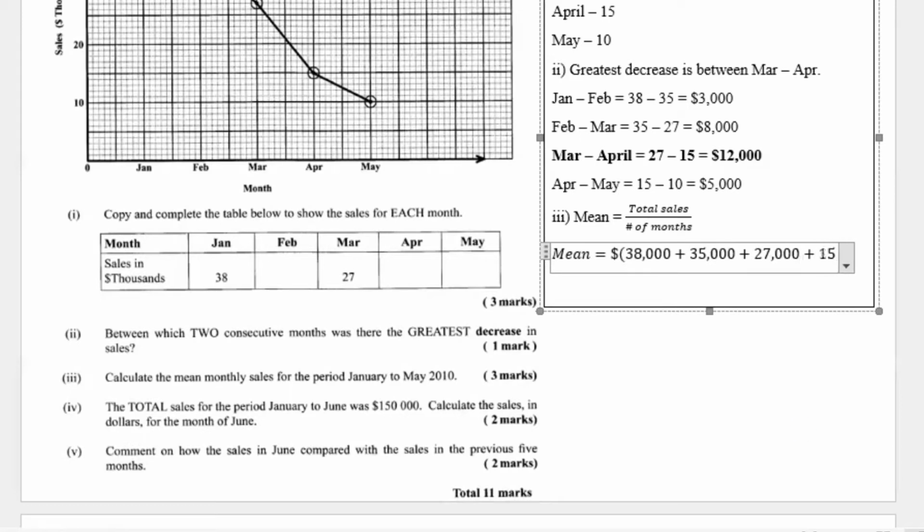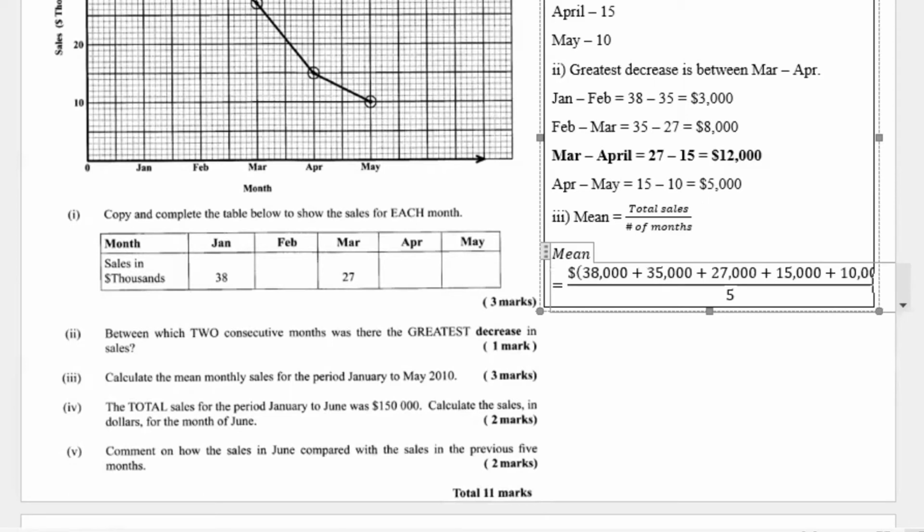April was 15,000 plus May was 10,000. And all of that we're dividing by the total number of months. So what we have January, February, March, April, May. So that is 5 months. So therefore, that is what we will do.